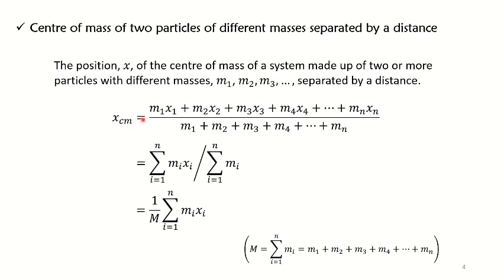To obtain it, you sum up the product of the mass of each particle in that system and the position of that particle.